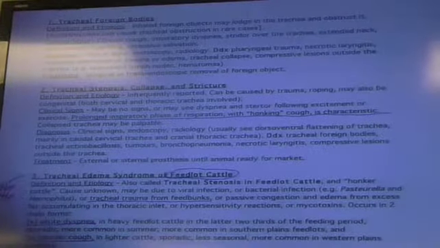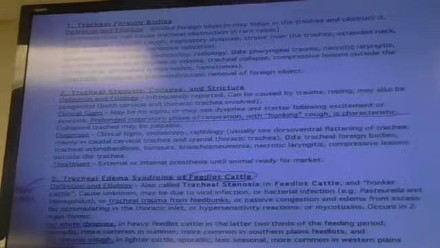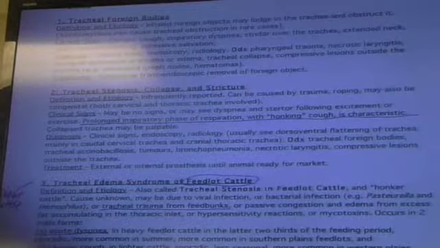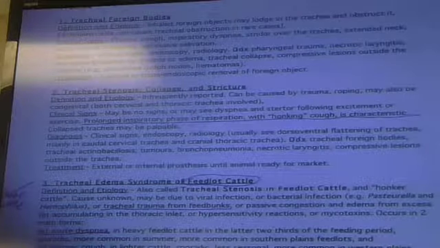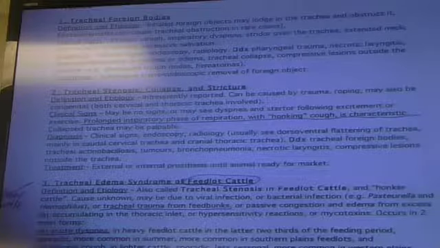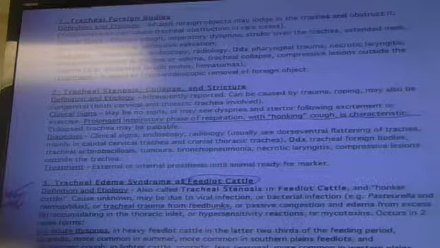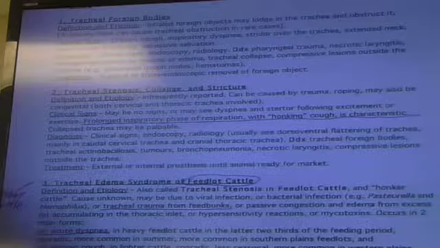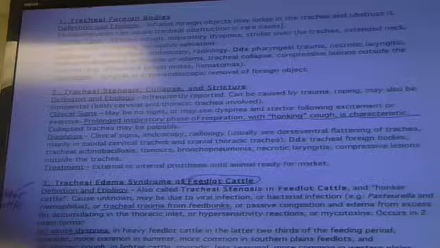So now we move on into the trachea. Tracheal foreign bodies, stenosis, collapse, and stricture, and tracheoedema syndrome of feedlot cattle. So again, that last one is going to tend to occur mainly in feedlot cattle. So hopefully you're making notes of which conditions tend to occur in feedlot cattle, and when you're presented with a scenario, you'll have in mind a short list of conditions that pertain to feedlot cattle.